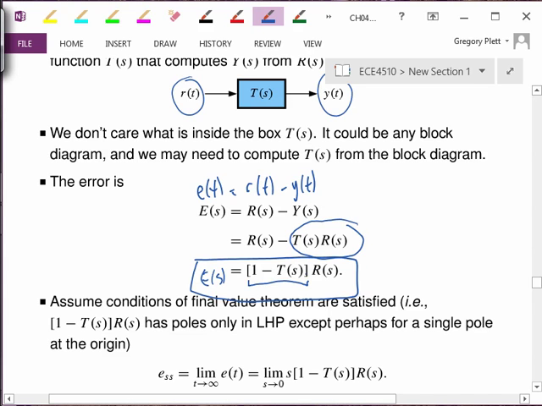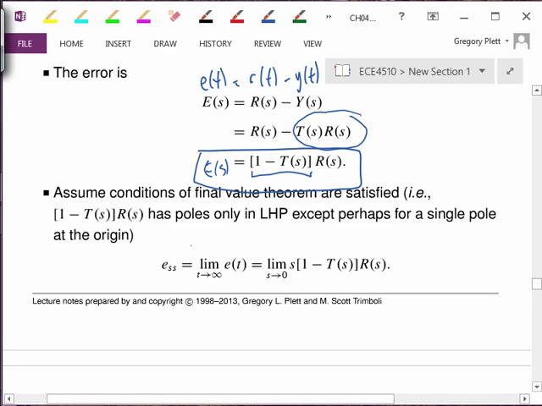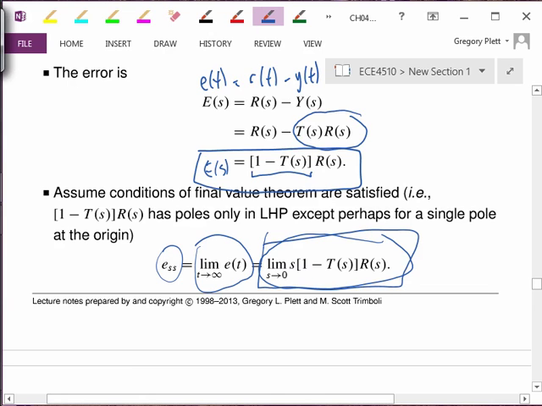We'll use the final value theorem to ask: what is the steady-state error? Steady-state error, by definition, is the value of the error signal as time goes to infinity. Using the final value theorem, it's the limit as S approaches 0 of S times E of S, and E of S is 1 minus T, all times R. So this is our steady-state error. This is how we compute it.